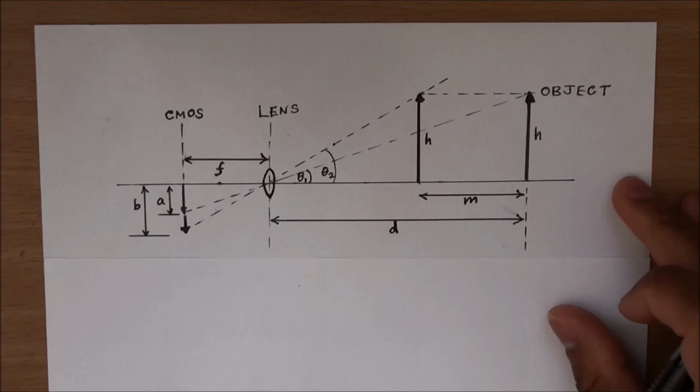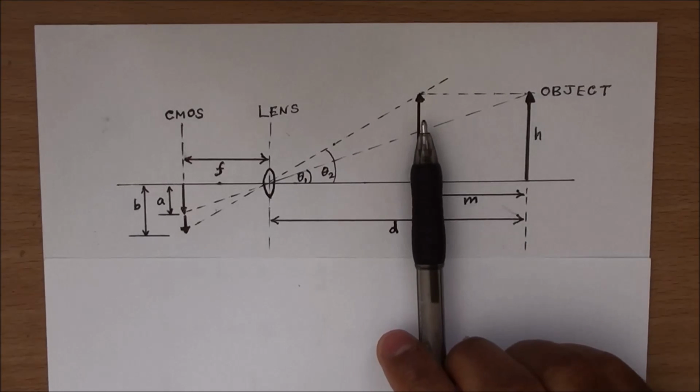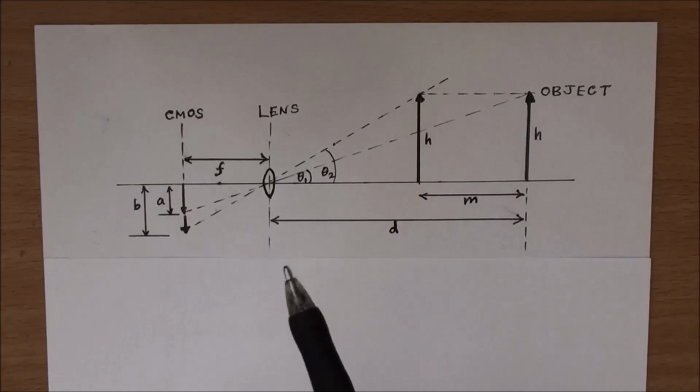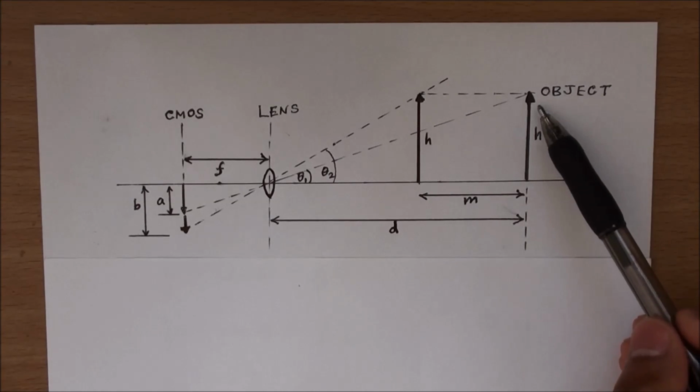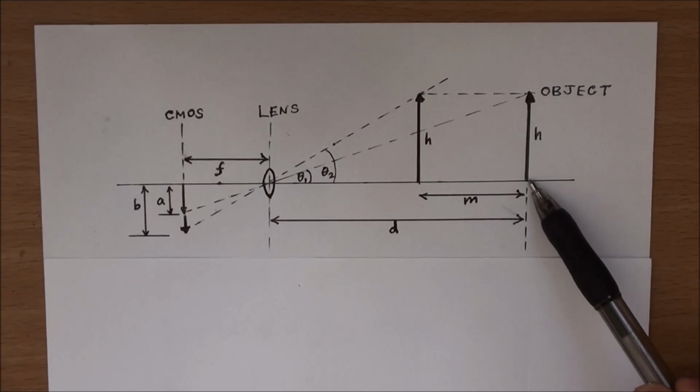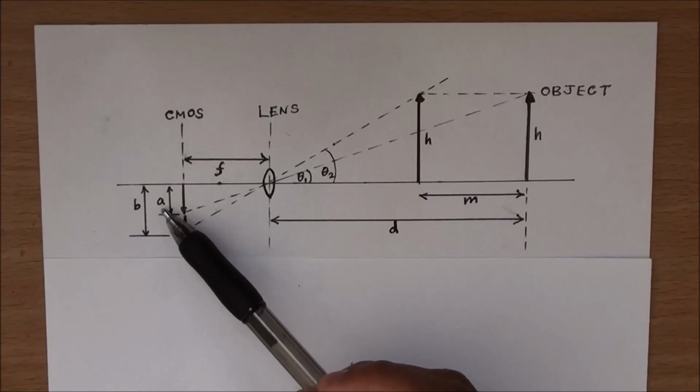So the trick is really to move the object a distance m, and to figure out how much the image has grown on the CMOS area. So if this was the original position of the object, then we would see a reflection with a height here of a.